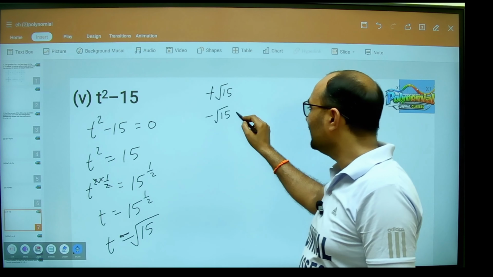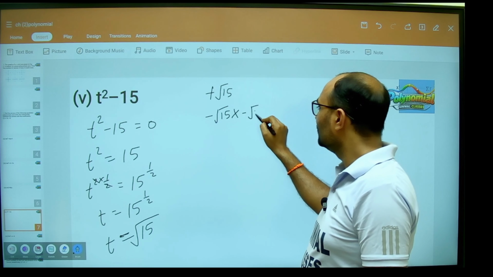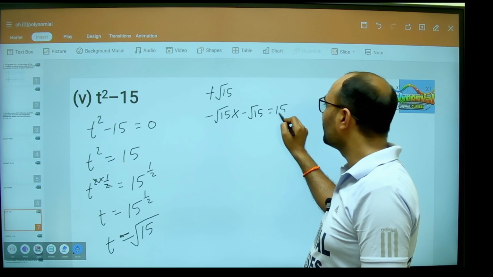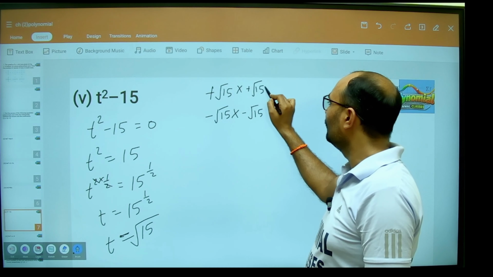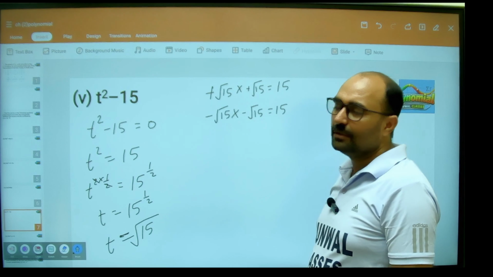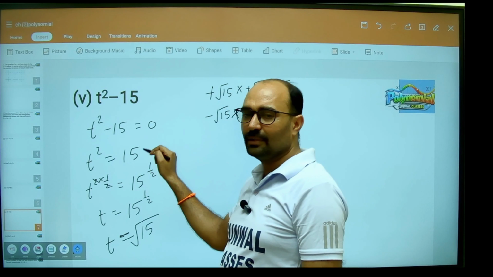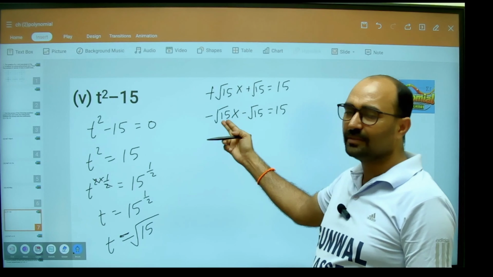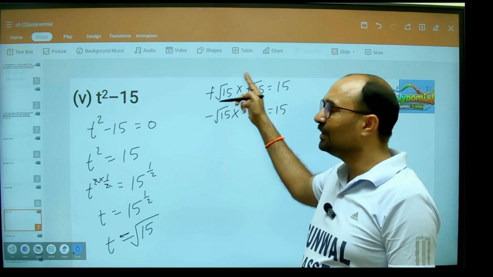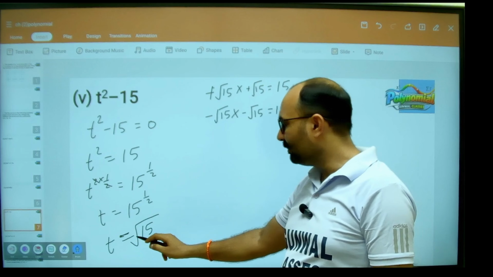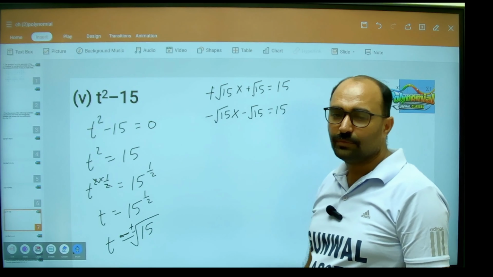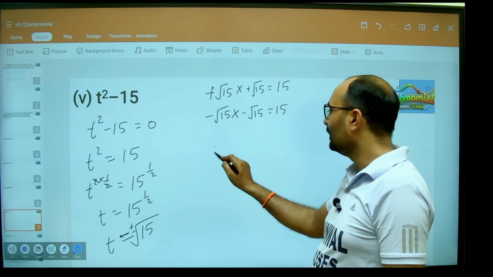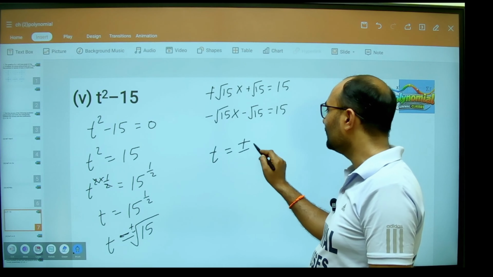If you multiply these two numbers, still you will get 15. So here t square is 15. We don't know if we multiply this with this or this with this. So answer would be plus minus root 15. T is equal to plus minus under root 15.